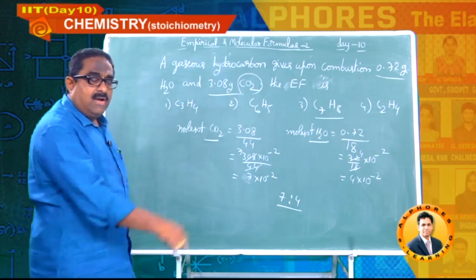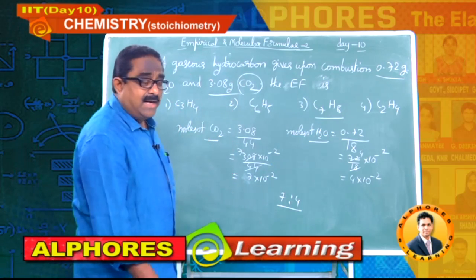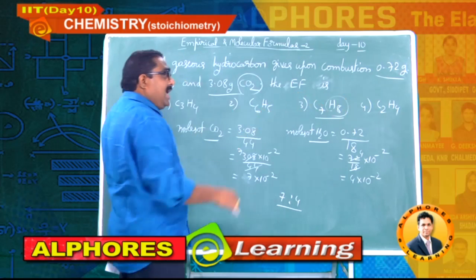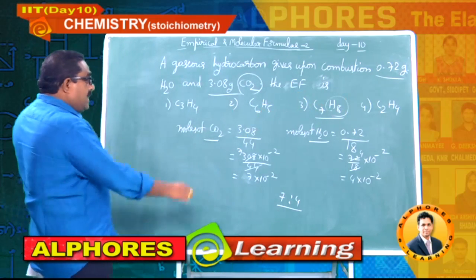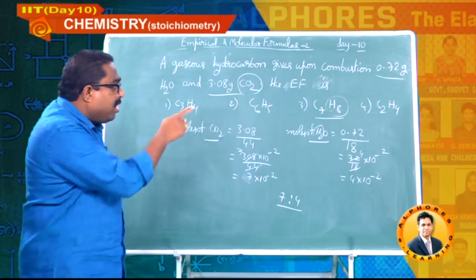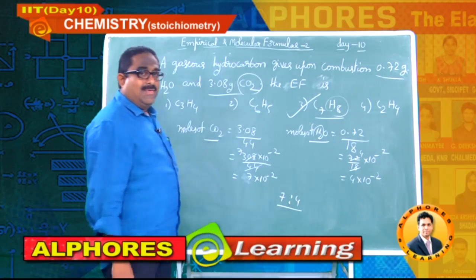No doubt, from 1 mole of the compound you will get 7 moles of carbon dioxide. And 8 hydrogens are there. H2O possesses 2 hydrogens, so half of that is 4. So this answer is the third one.